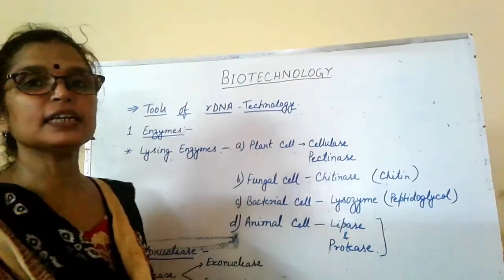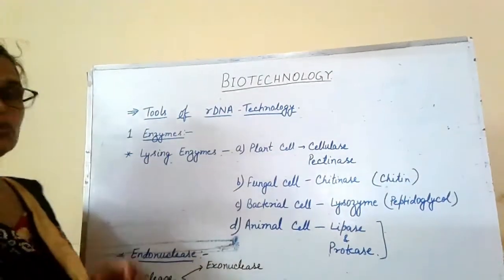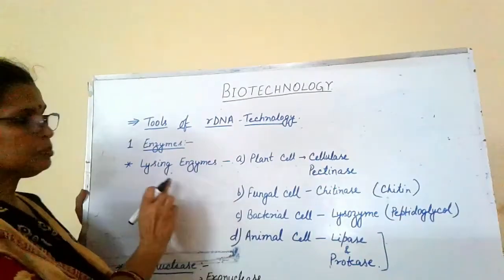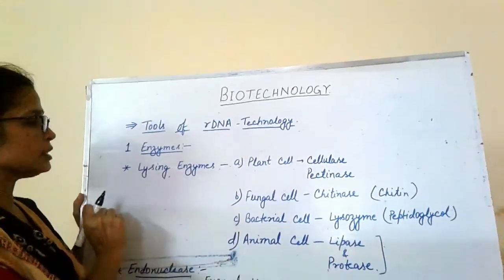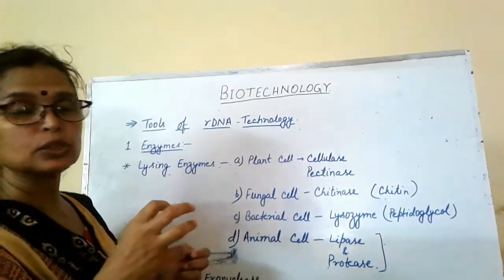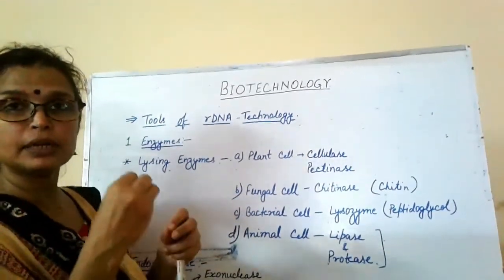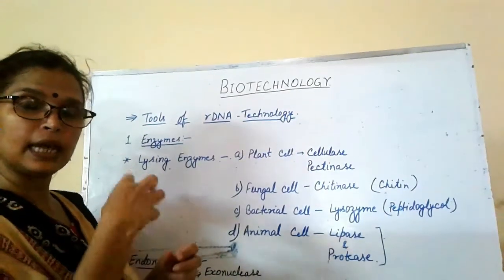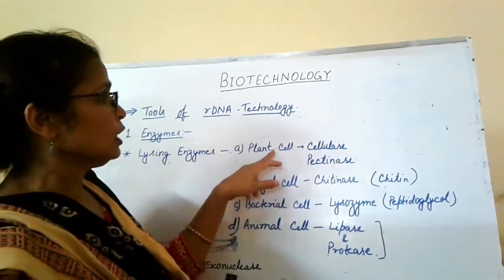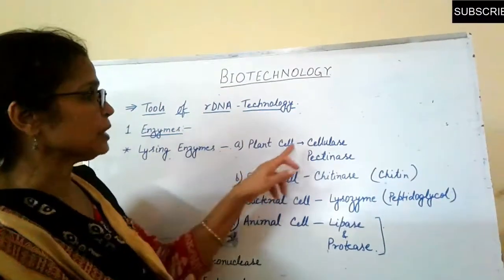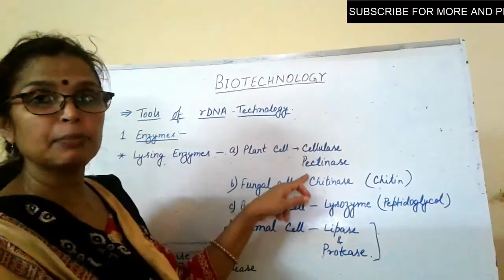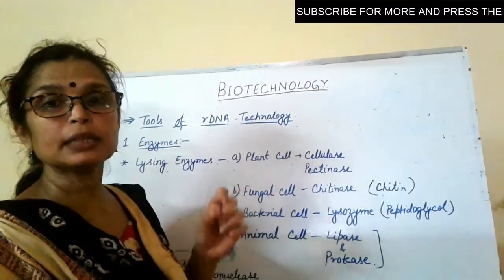Now the tools of DNA technology. The first tool is enzymes, and in the enzyme category there are different types of enzymes. First we are talking about the lysis enzymes. DNA is present inside the nucleus, so we have to break the cell wall, cell membrane, then the nuclear membrane, and then extract the DNA. If we are using a plant cell, the plant cell has a cell wall made up of cellulose and pectin, so we use the cellulase enzyme and pectinase enzyme to break the cell wall.